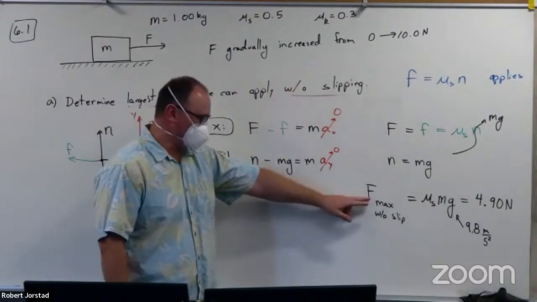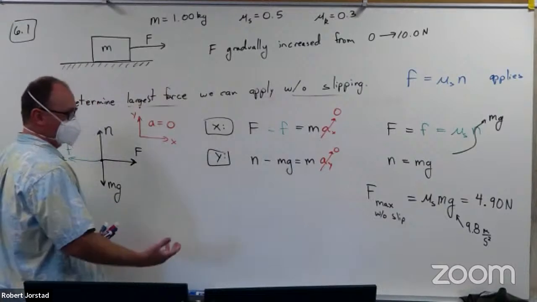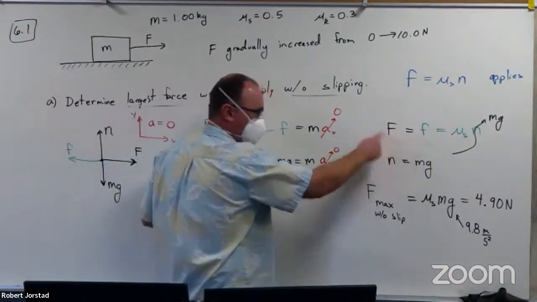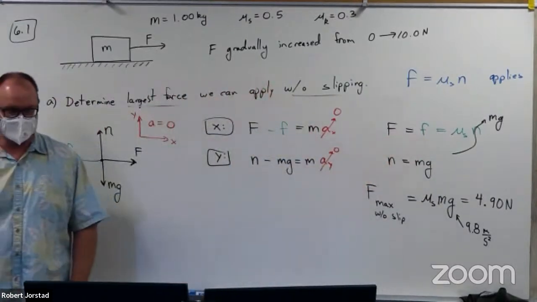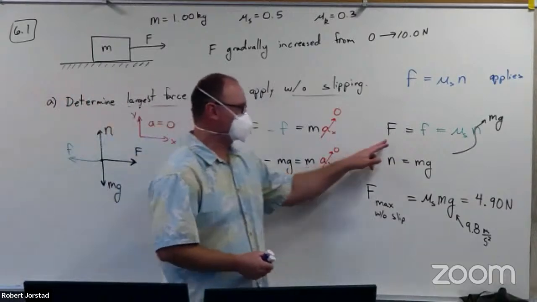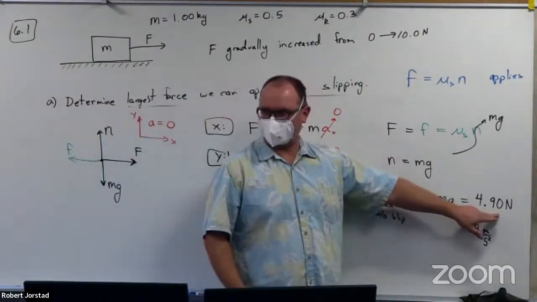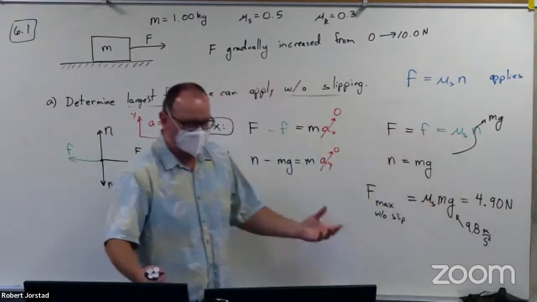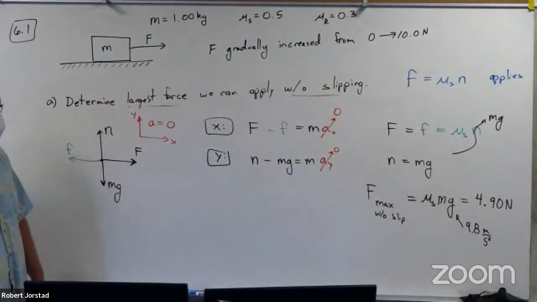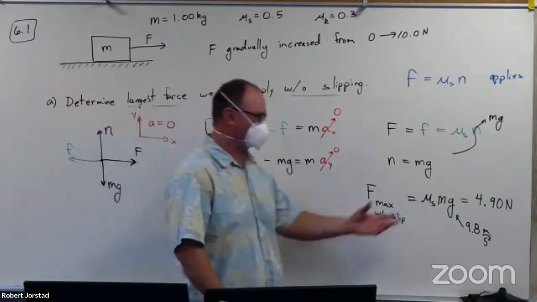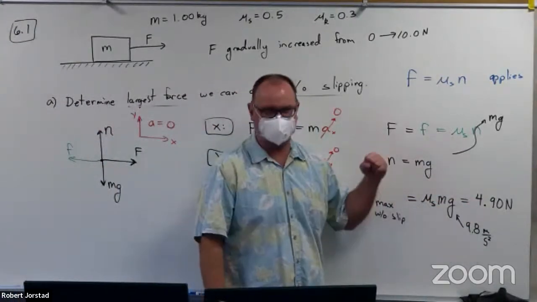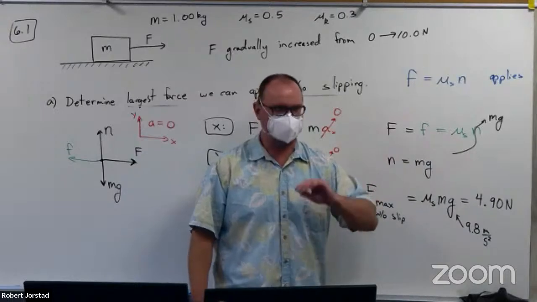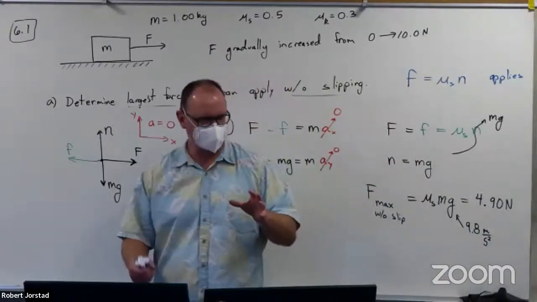If it's less than this, then I can just say, well, friction is whatever force you apply. Think about it. If you applied 3 newtons of force, 3 is less than 4.9, not going to slip, f equals 3. If I apply 6 newtons, oh crap, it's going to slip. This problem's not valid. Do another FBD where it accelerates and figure it out that way. Is that making any sense?